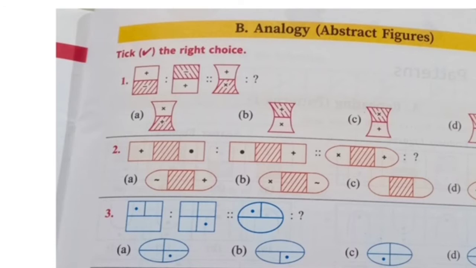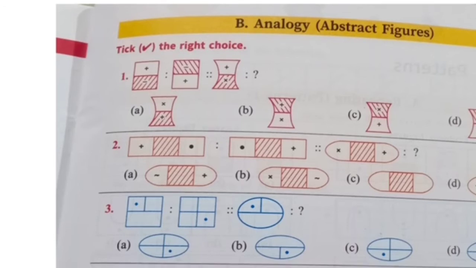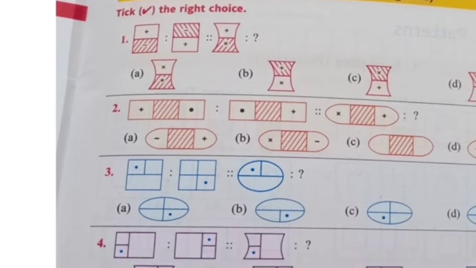So in the options we cannot say A, B or C is the correct answer, because whichever signs are required are not there. In option D, plus and cross sign is given, meaning a multiply sign is given. That is why D is our correct answer. See the third one.